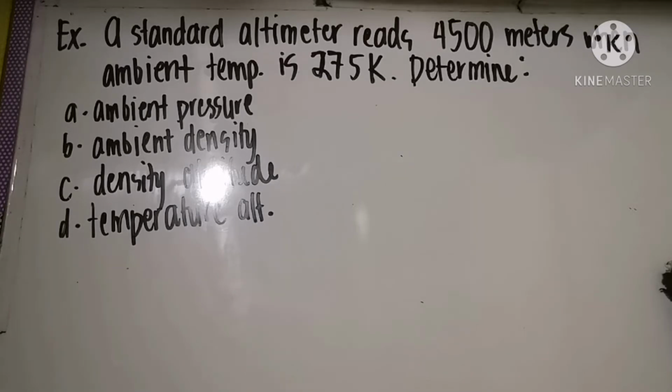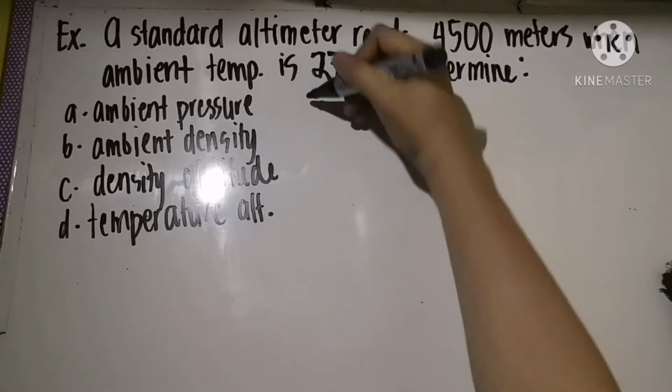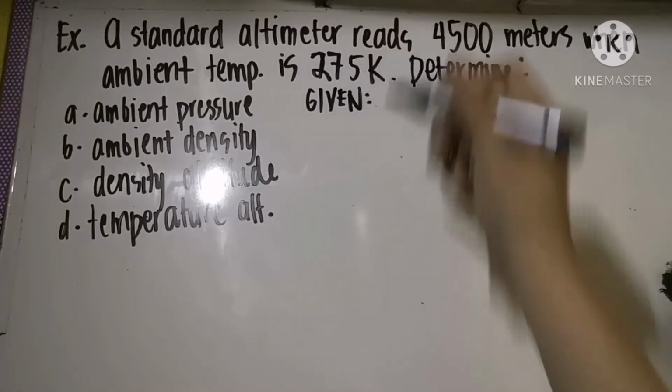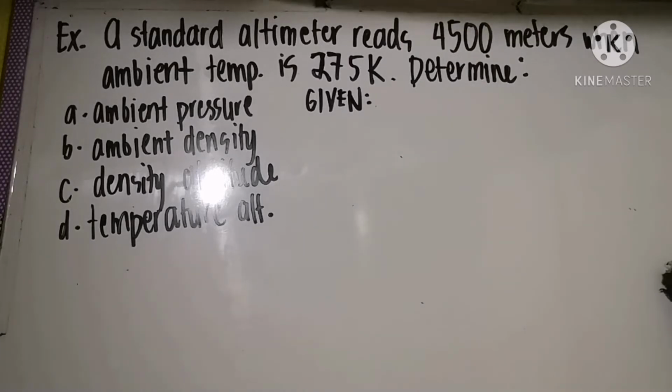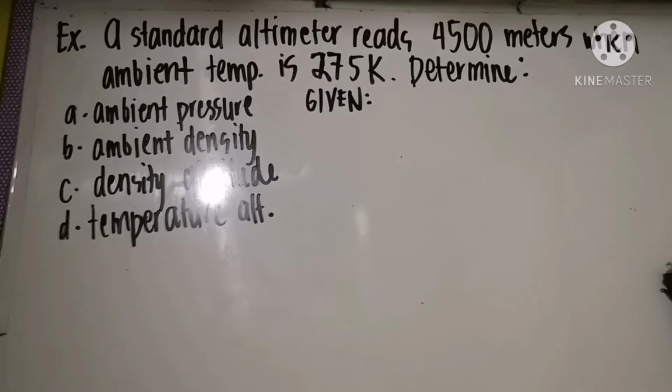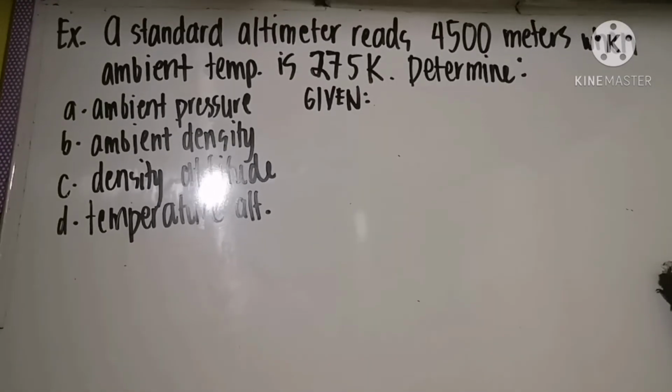Okay, so analyze the problem. First, given. Ano yung given natin? Try nyo isipin ano yung given. So, ang sabi, altimeter reads. So, gaya nga na sinabi ko kanina, ang ginagawa ng altimeter, it measures the pressure altitude.